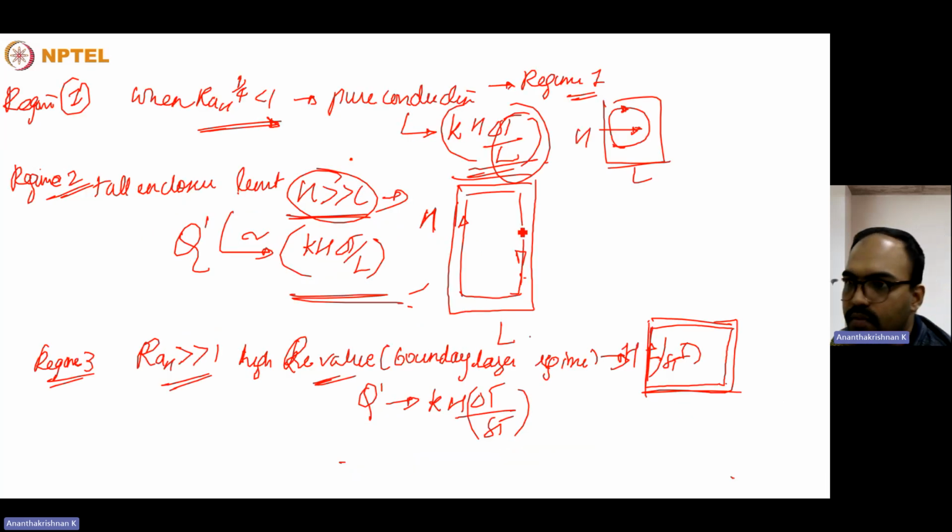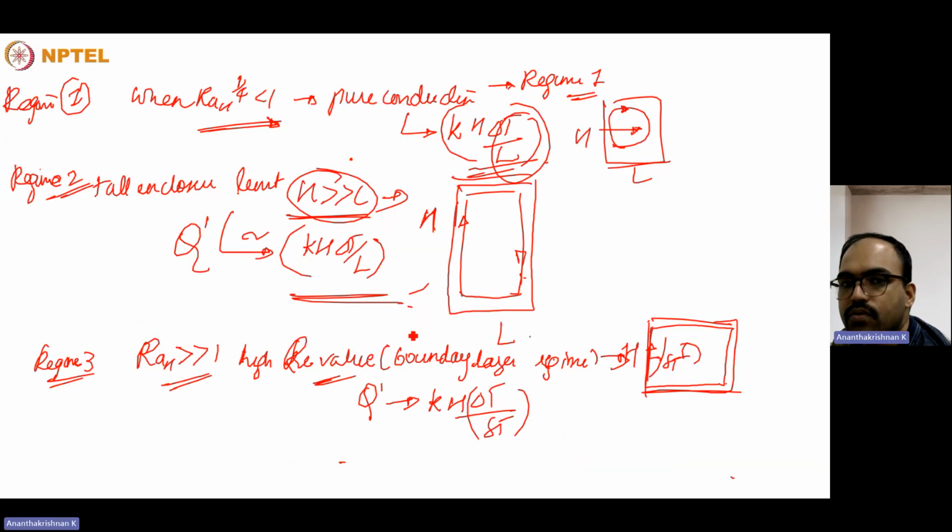Then we discussed up to regime 2, which is a tall enclosure, quite similar to this one. The heat transfer rate will follow the same kind of scaling analysis. And then the third one is the case where the Rayleigh number is very much greater than 1. It's a natural convection case where boundary layers will be formed.